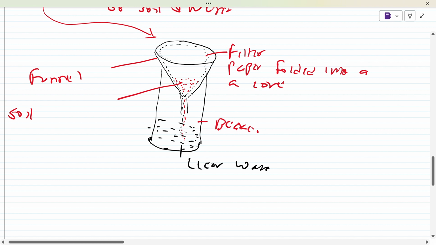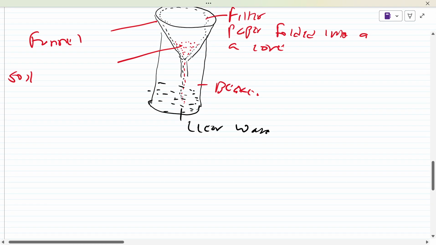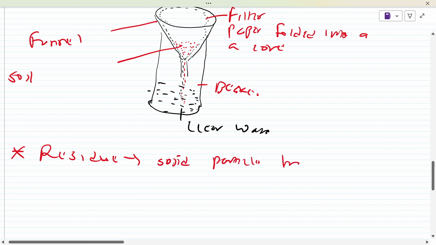Now, the key things that you need to know about filtration is that the substances that remain in the funnel are called residue. They are solid particles trapped by the filter paper during filtration.